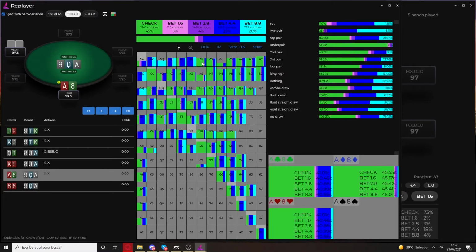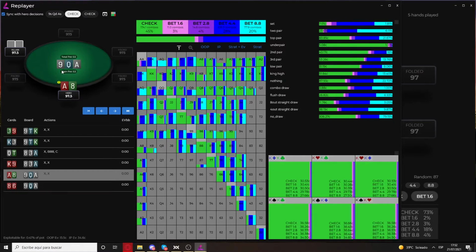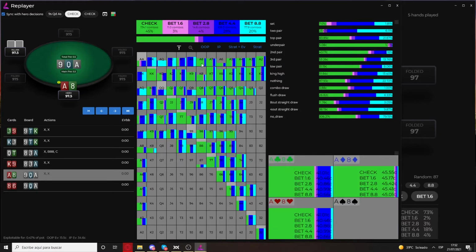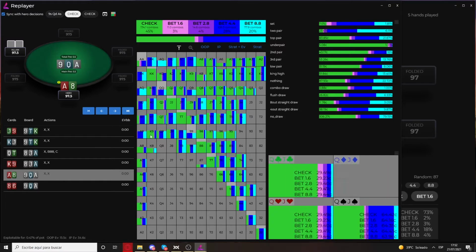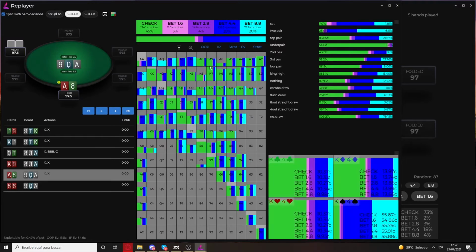I assume because of something to do with not having an overcard to bottom pair. Maybe it's harder to cooler certain hands when we don't have an overcard to the bottom pair or to the bottom card of the board.